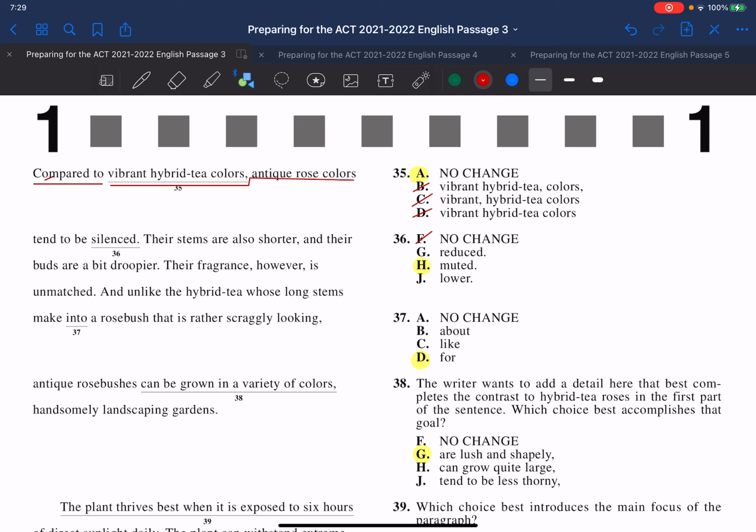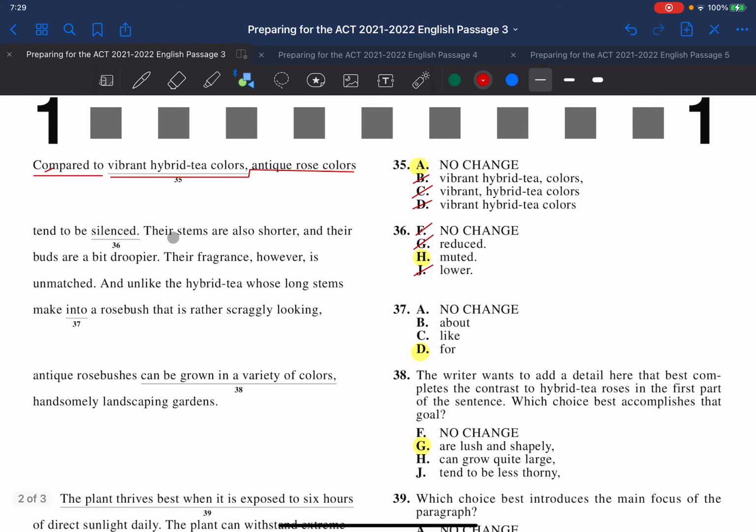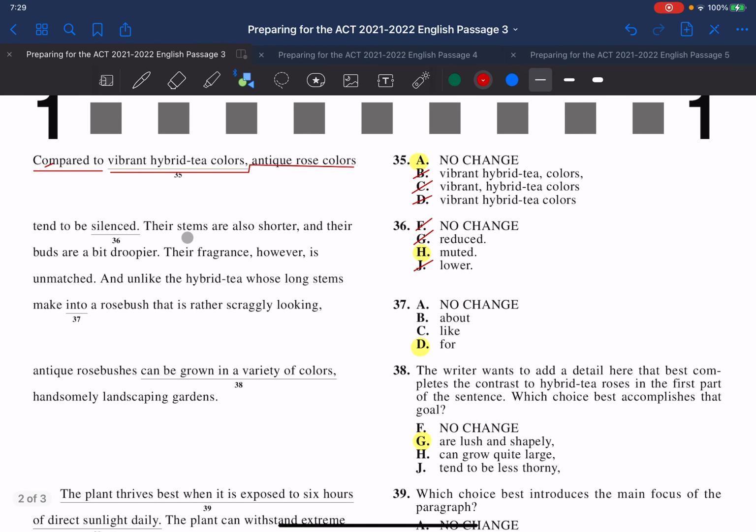Colors tend to be lower. We don't tend to reduce or lower colors. When we talk about colors, we talk about muting them, so they're not as vibrant. And that's important because we have the word vibrant right here. So vibrant is a contrast word to the word muted.